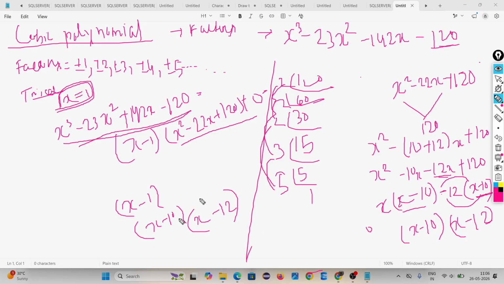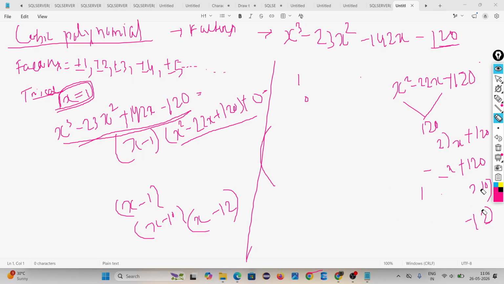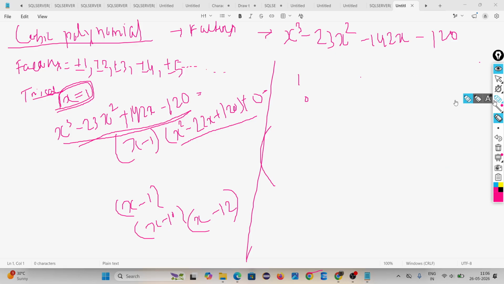And look, apply the factor theorem. Factor theorem means if these are the factors, when I put this value in the polynomial, the whole polynomial should equal 0. Yes, sir. So I am only checking for one. Suppose I am taking x minus 12, that means x equals 12.